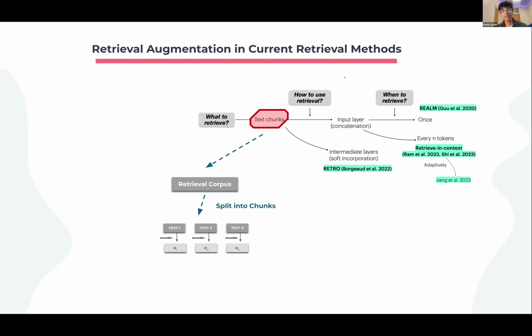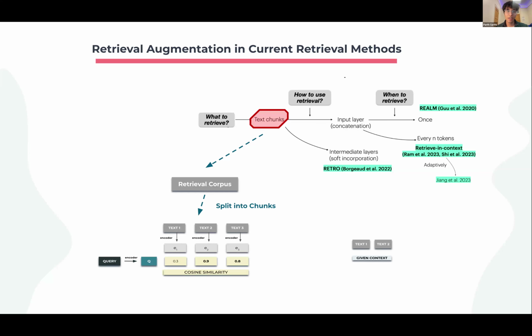And then once you have these text chunks, you use some sort of BERT-based encoder to encode them into embeddings. At query time, you get a query, you encode it using the same BERT-based encoder, and you do cosine similarity. Depending on what your top K is, you give the highest ranked text chunks as context to a language model.